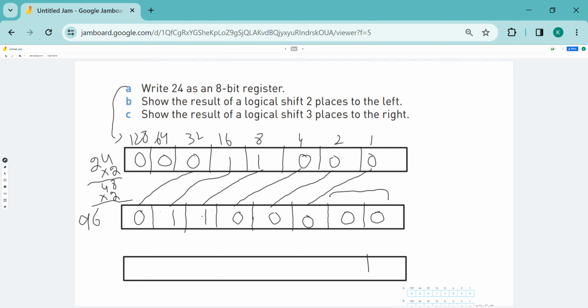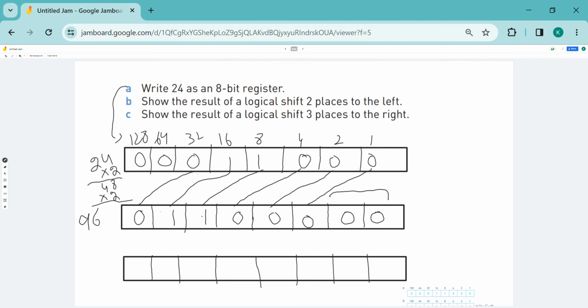Let's solve one more example, or part C of this example. Here we are going to shift it 3 places to the right. So very simple, we are going to shift this number 3 places to the right.